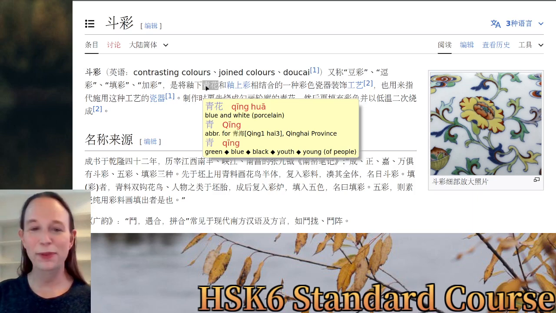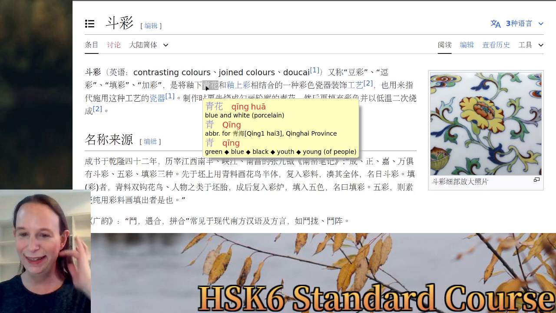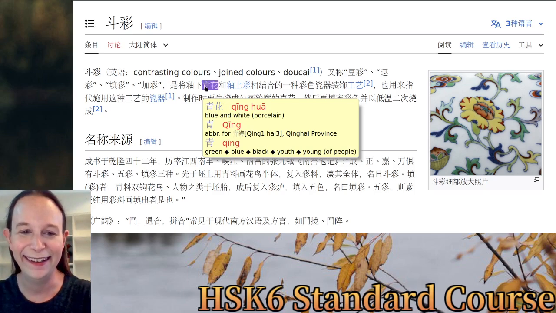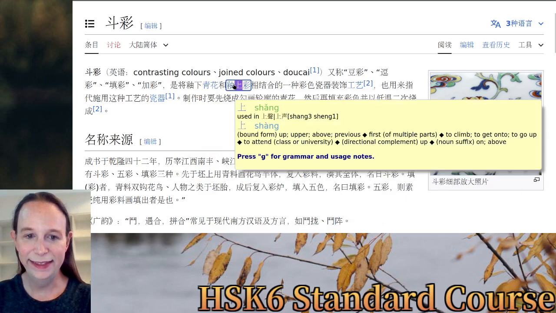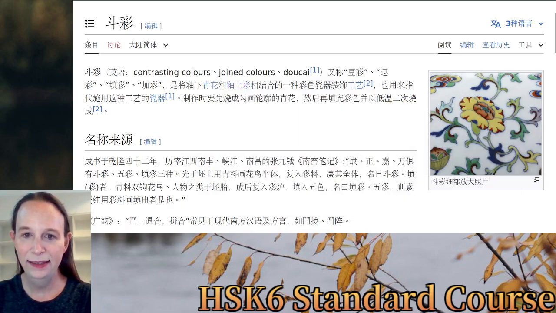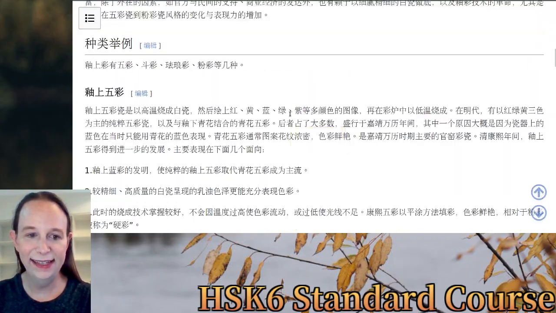China that I put my food on. Do I have any China? I have a bowl. It's not exactly China. Okay, 釉上彩. What is 釉上彩? Let's click it to find out. 釉上彩 is this kind of glazed coloring.